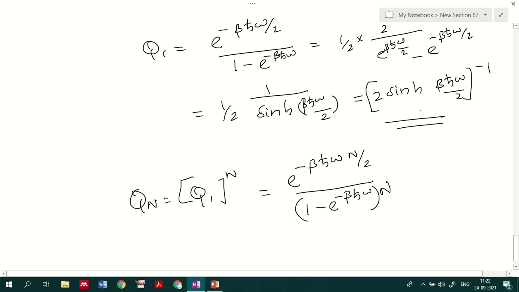So you can either represent in terms of sinh of beta h cross omega by 2, or rather you can represent e raised to minus beta h cross omega by 2 over 1 minus e raised to minus beta h cross omega. In that fashion also you can represent. So whichever is convenient for you, you can represent the partition function corresponding to that.